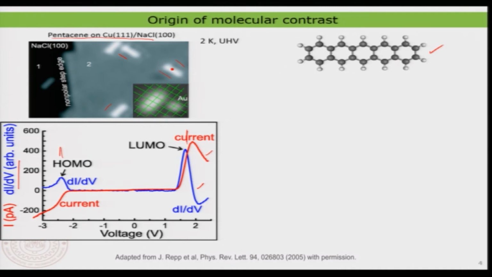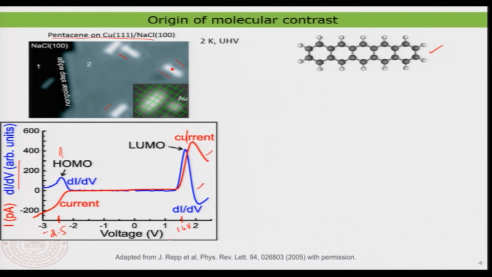That is beautiful. Now, something interesting you can also do: I told you we are applying a bias while we are stabilizing the tip, or while we are imaging. Now, I can also decide to image the molecule at a negative voltage, let us say minus 2.5 volt, which is the position of the HOMO, and about 1.6 volt, which is the position of the LUMO.